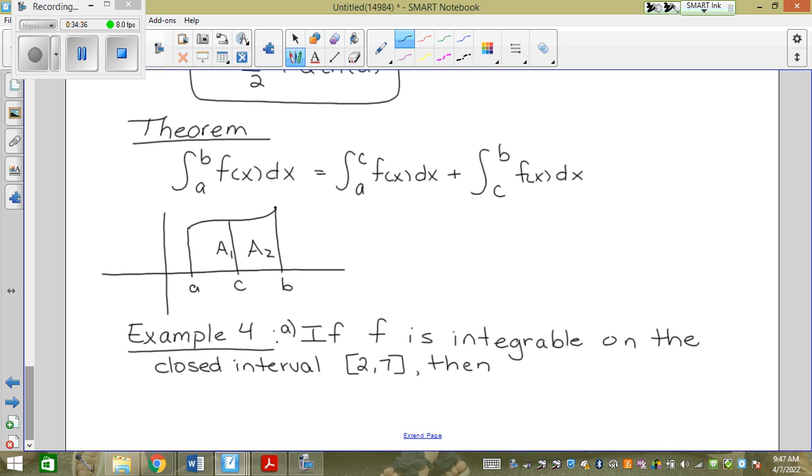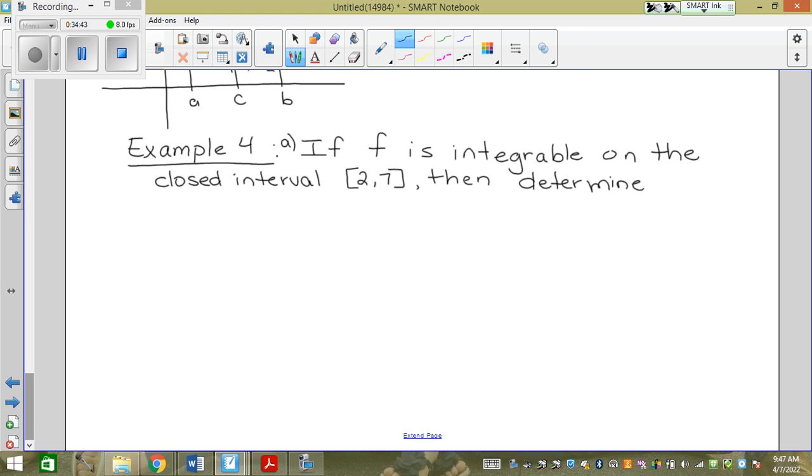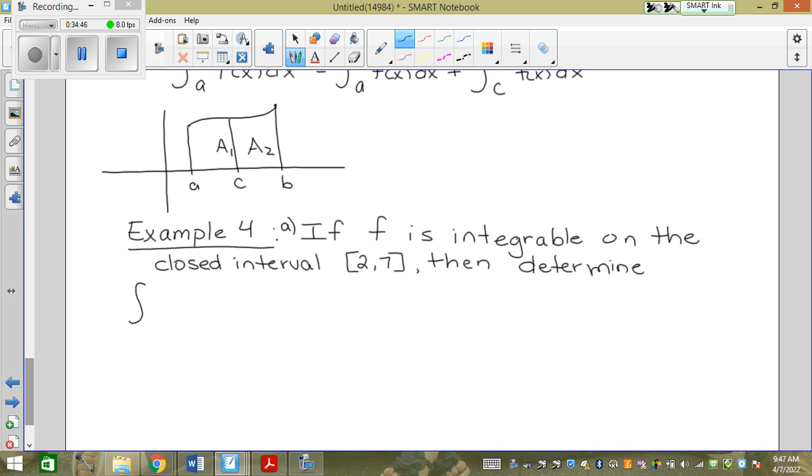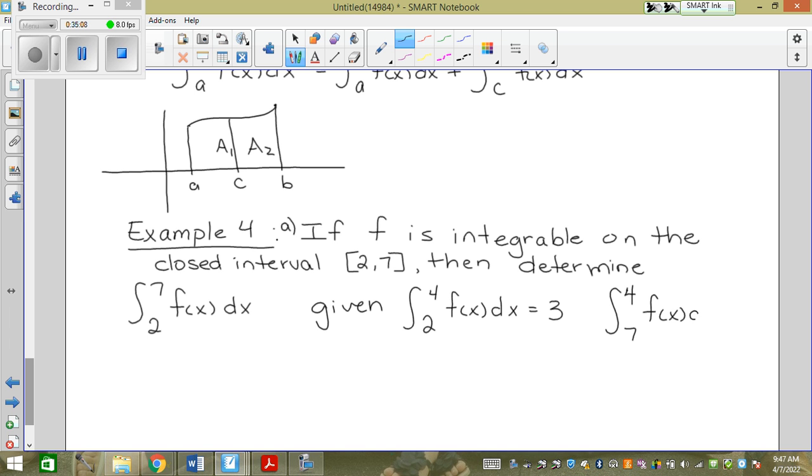Then determine the integral from 2 to 7 of f(x) dx, given the integral from 2 to 4 of f(x) dx, to make it up, is 3. And then the integral from 7 to 4 of f(x) dx is negative 2.